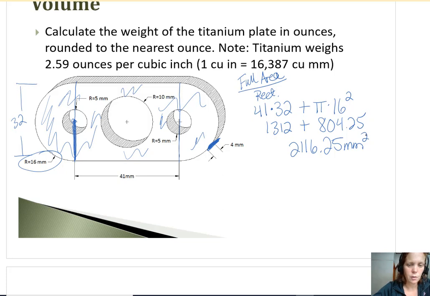So I'm going to label this as the holes. I'm going to have to subtract a couple different areas. The first one, I'm going to have pi times 5 squared. I'm just going to put that. We're going to subtract that one. And then I'm going to have pi times 10 squared. And then another pi times 5 squared. Those pi times 5 squareds are 78.54.